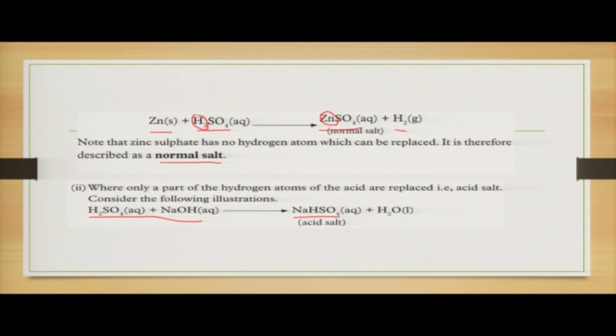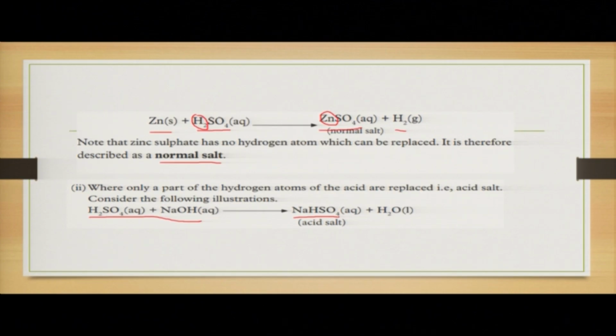What is the difference? The difference is on the number of hydrogen atoms that can be replaced by the metal or the ammonium ions. If the hydrogen atoms are completely replaced, then we have a normal salt. If part of the hydrogen atoms are replaced, then we have an acid salt.